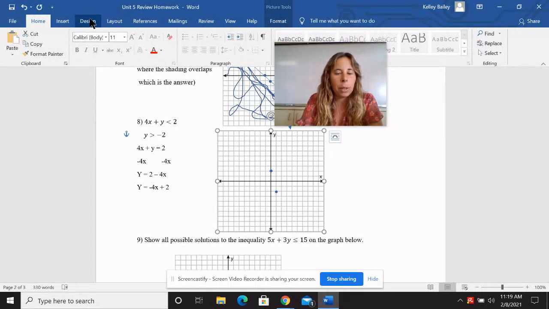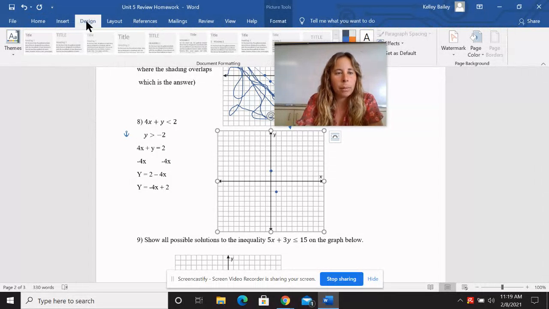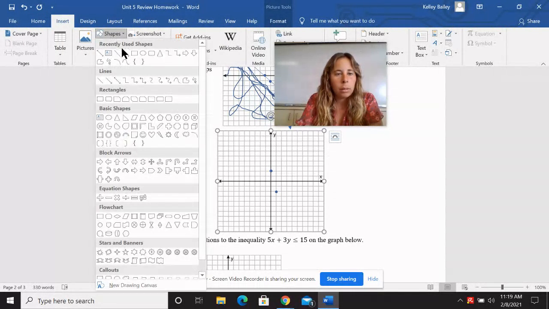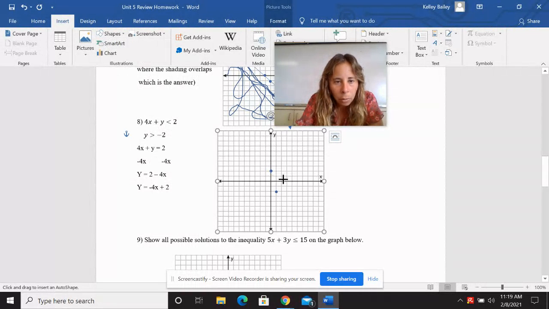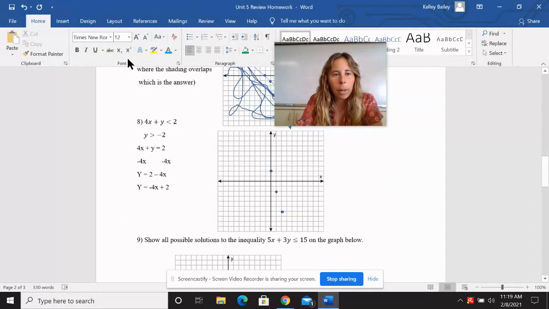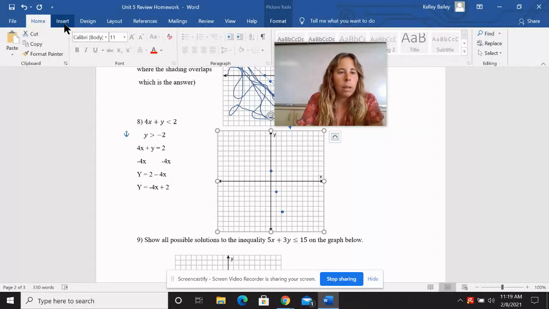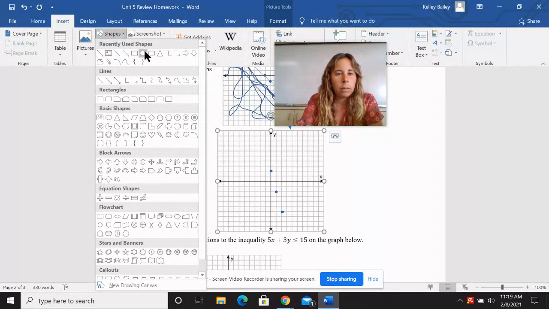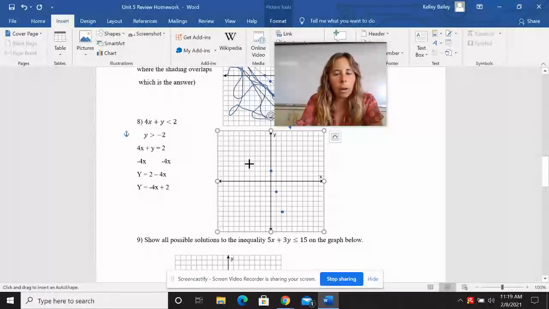I mean, eventually you're going to run out of room on your graph, but do another one. Down 4 over 1. 1, 2, 3, 4. Okay, and remember you can go the opposite way. So you would go up 4 to the left 1, so the opposite. So up 4, 1, 2, 3, 4, and left 1.